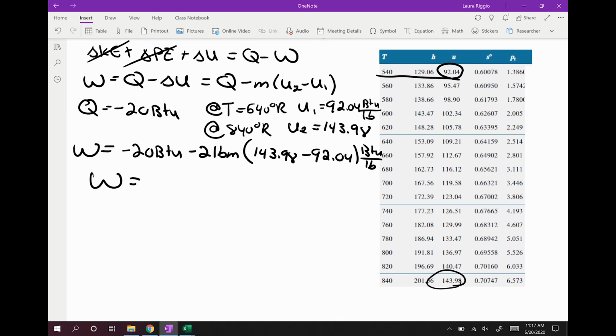That gives me a total work for the process of minus 123.9 BTUs. So if you are using variable specific heats, you can look up your internal energy as a function of temperature in the tables for ideal gases.